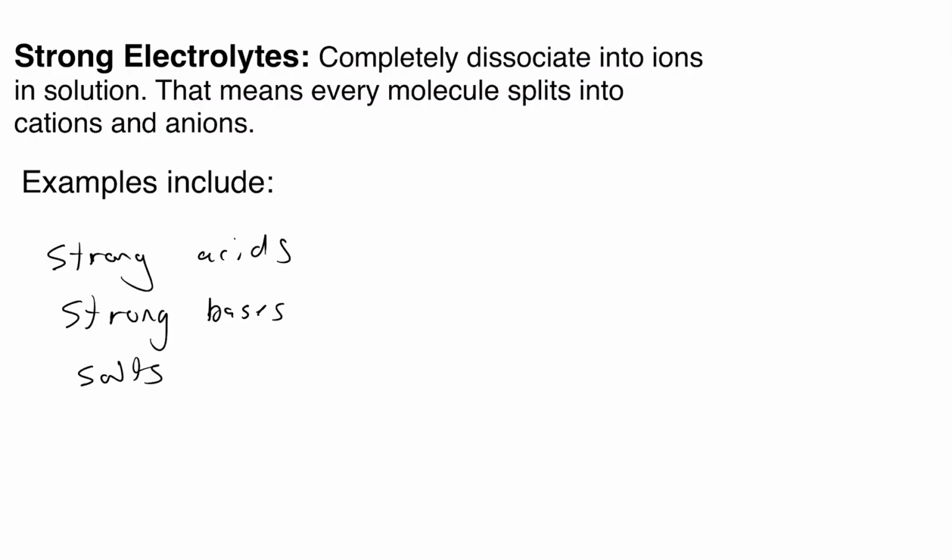So an example of the acids would be HCl. An example of the base could be NaOH. An example of the salt could be NaCl. So these completely dissociate into ions in solution, and every molecule splits into cations and anions.